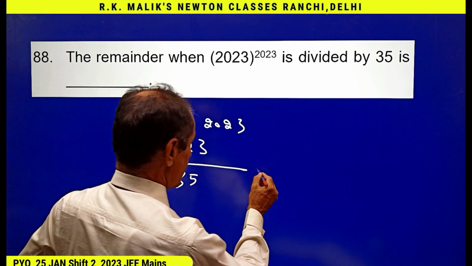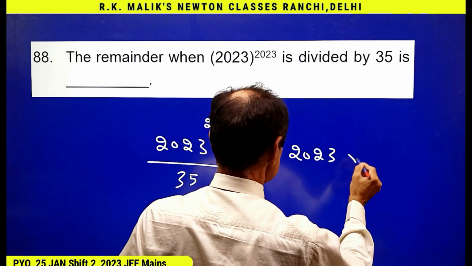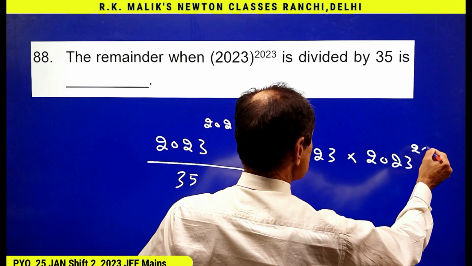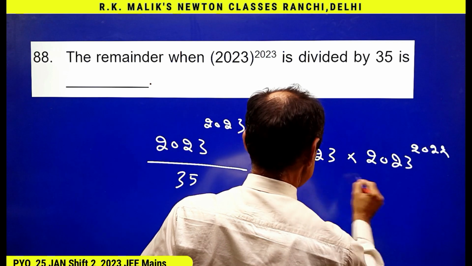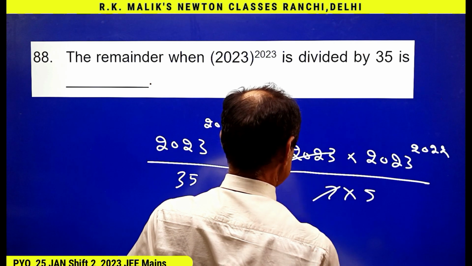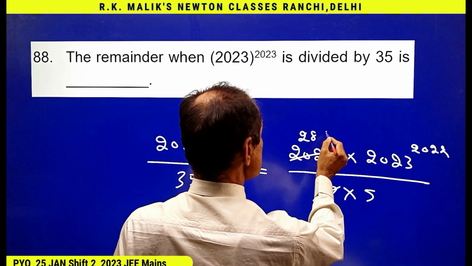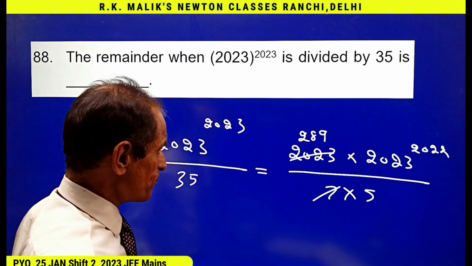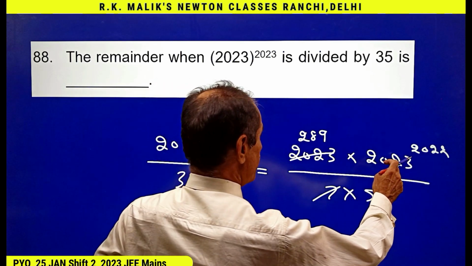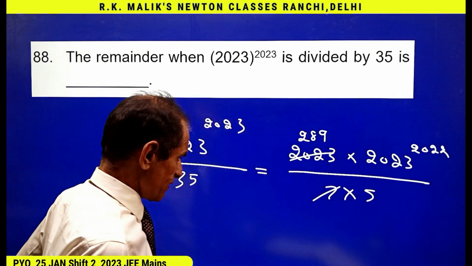That is, I will write it as 2023 into 2023 to the power 2022 upon 7 into 5. This 7 will cancel with this. I get 289. And now my question reduces to when this is divided by 5, what is the remainder?